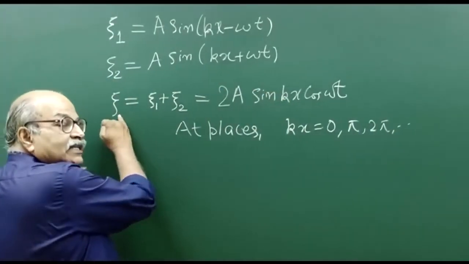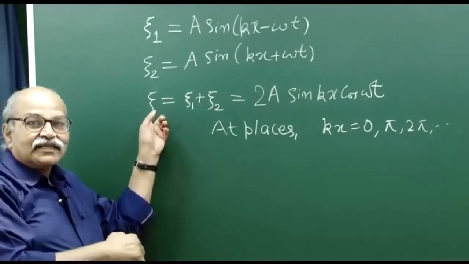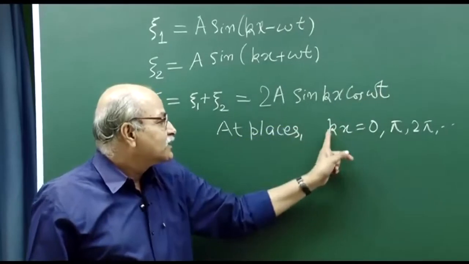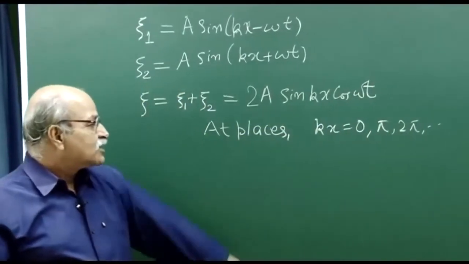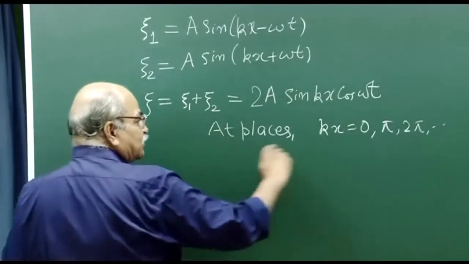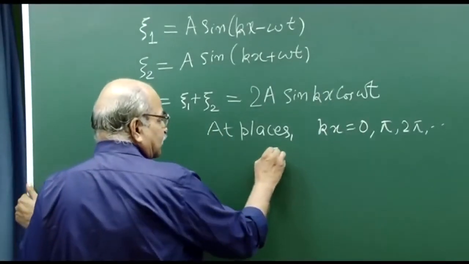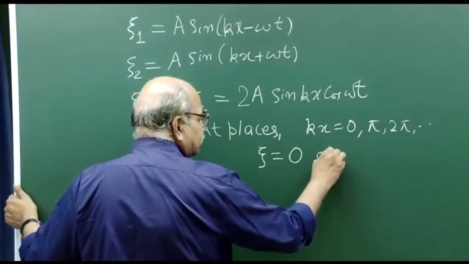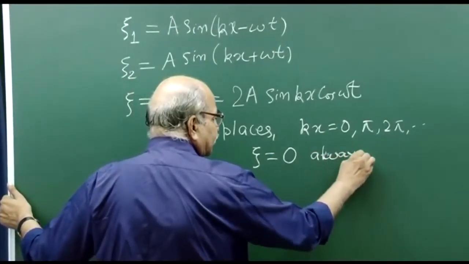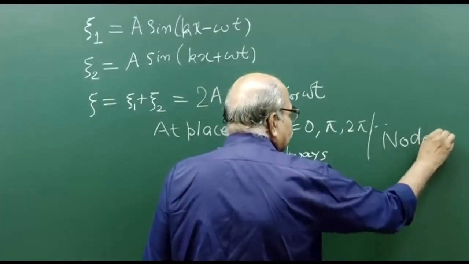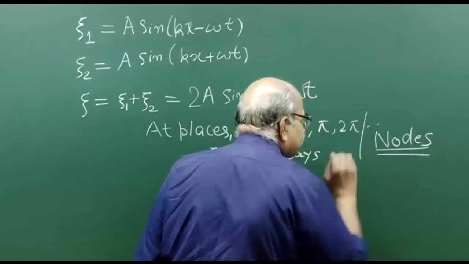This net displacement is always 0 for all time, any t. If kx is an integral multiple of pi, this is 0. So, at these positions your displacement is always 0. These positions are known as nodes.